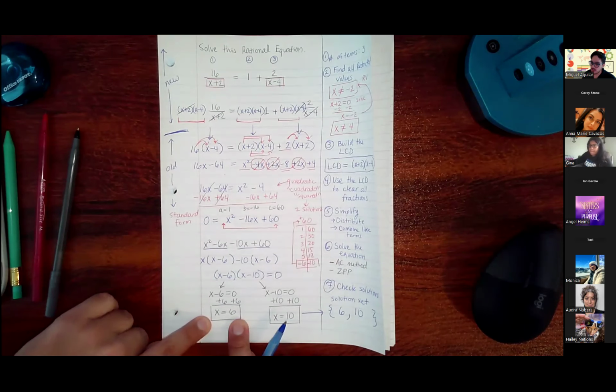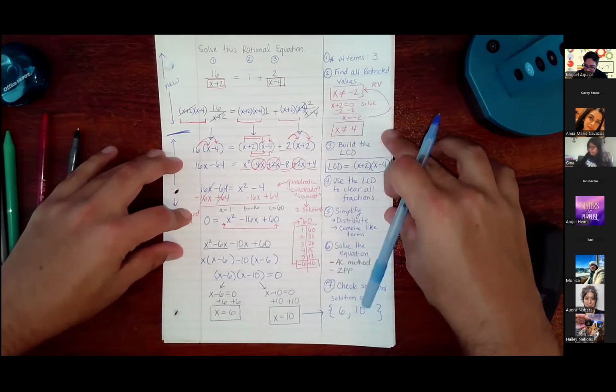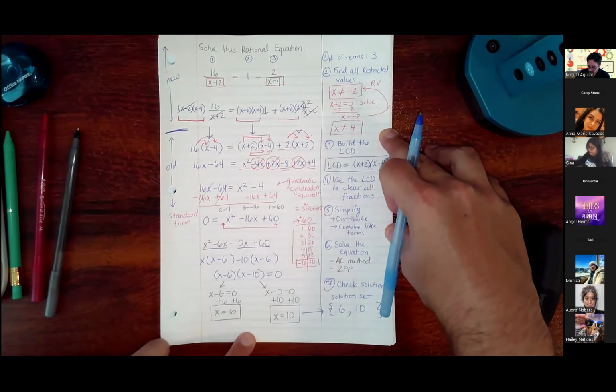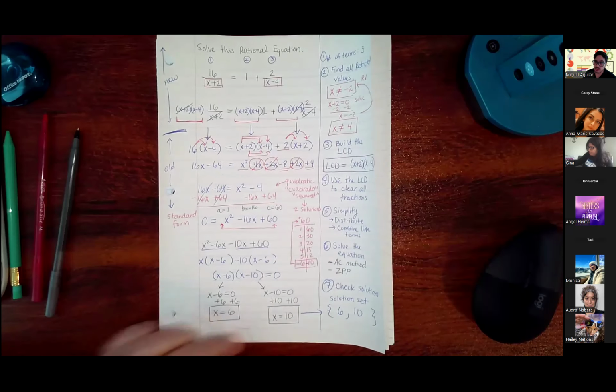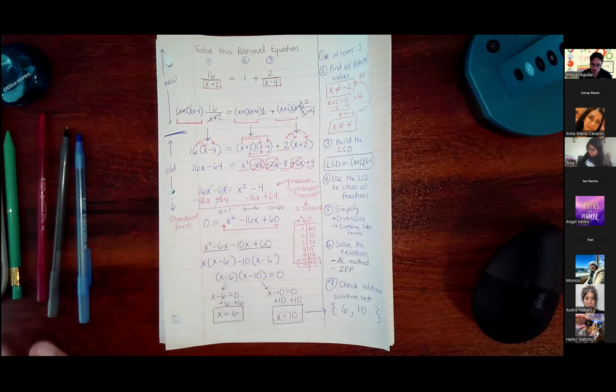But rather than doing that, when we're solving these in the homework or on the tests, the quick way that you can check is just make sure that those aren't restricted. If they're not restricted, you're good to go, right? Just put those in your solution set and move on to the next problem, okay? Don't make it more complicated than it has to be.